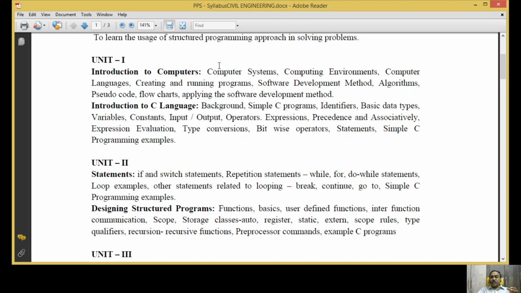And the second part of this unit is actually our core area, that is getting exposure to various aspects or various constituent components of a programming language, particularly in our syllabus, it is C. So we'll have a brief introduction about C programming language and what are the members of this language that aid us in developing good programs.